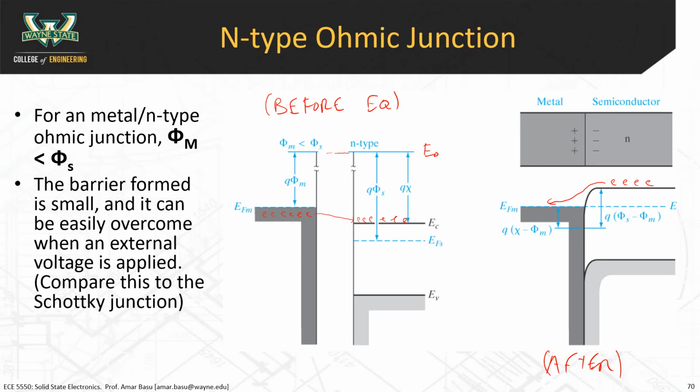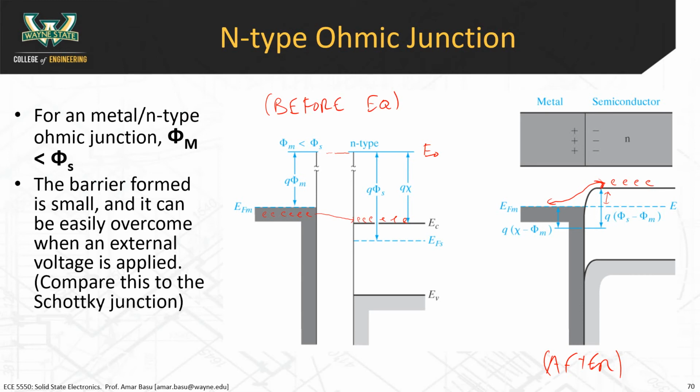And the second point is that this usually ends up being quite small. The energy difference here ends up being quite small. So the movement can actually happen both ways, assuming the barrier in the opposite direction is fairly small. So this is the kind of ohmic contact you want.